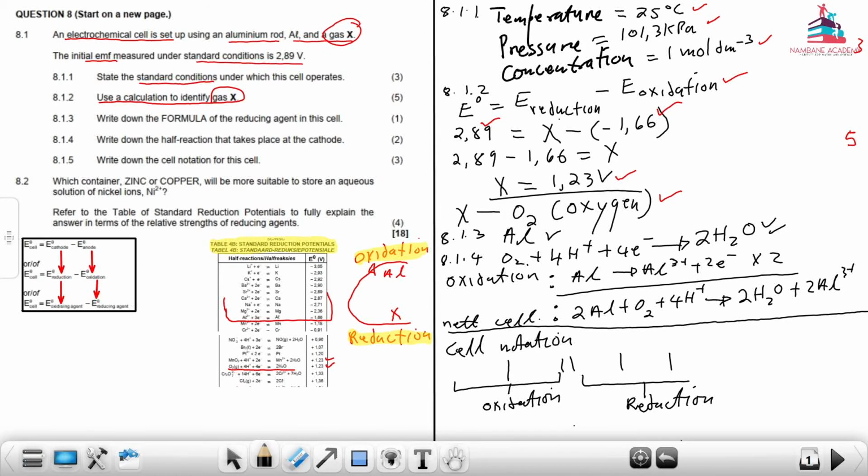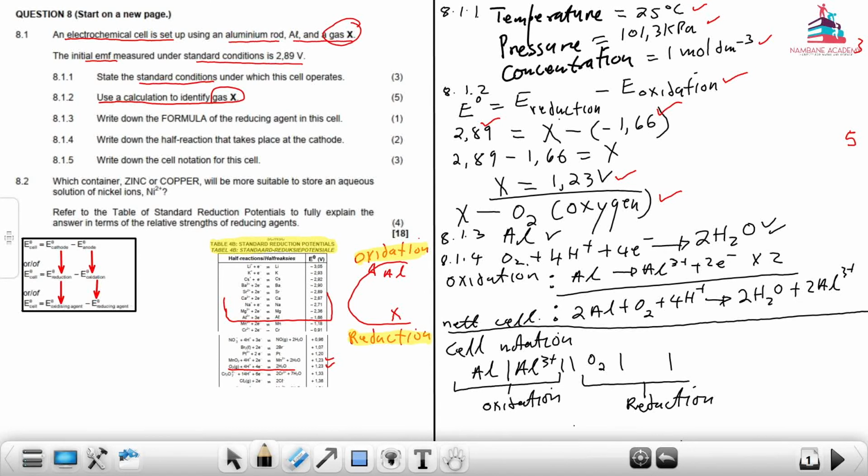So with this, one can easily see that we are going to have aluminium that gives us aluminium 3 plus, and we have our salt bridge.